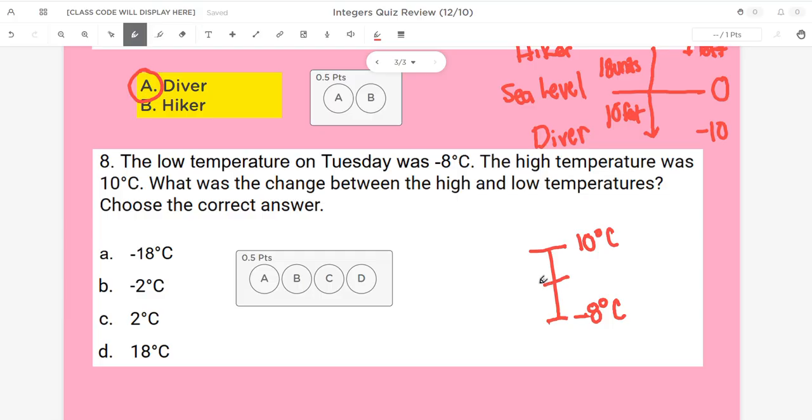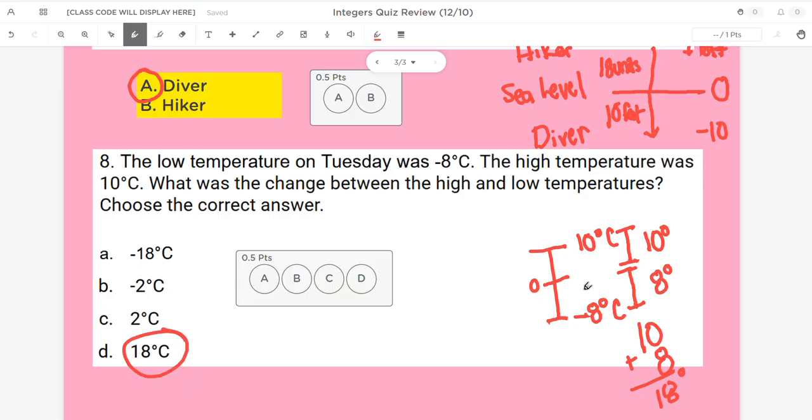Okay, so what you want to think about here is when you're going from 0 to 10, or from 10 to 0, how many degrees is that? That's 10 degrees or 10 units. Then you're going from 0 to -8. So then that area is another 8 units or 8 degrees. So then we add that together, 10 plus 8, and that equals 18 degrees. So D.